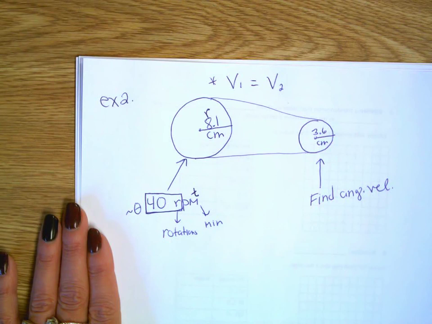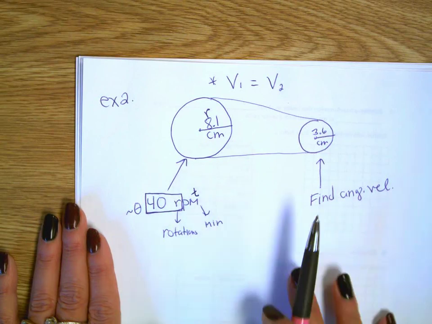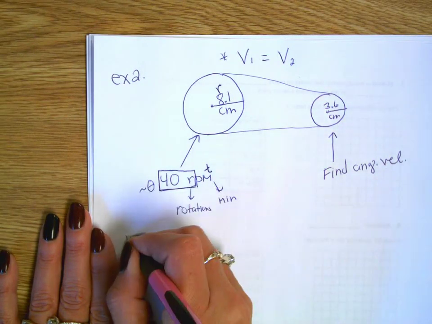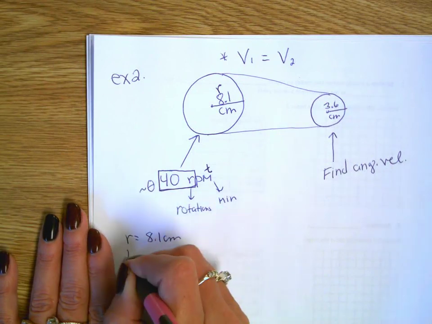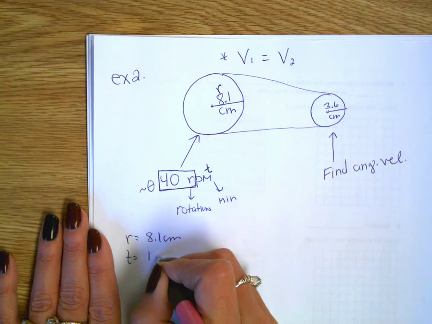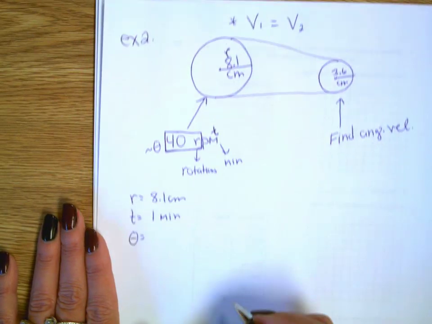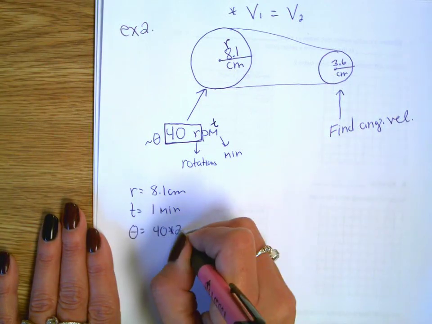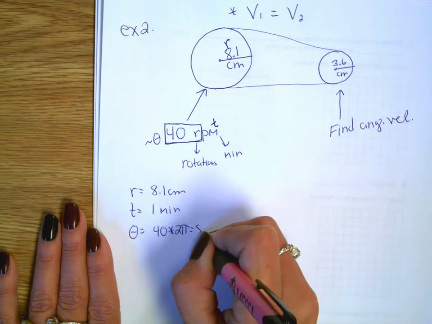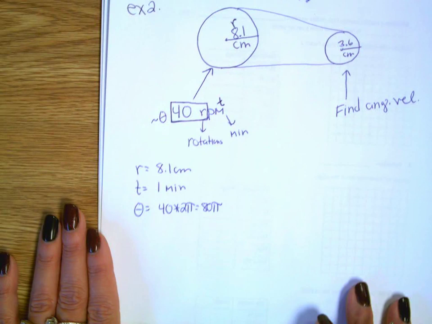So if you've got R, theta, and T, you can find big V. We've got R, we're going to have theta, we have T. So, R is staying 8.1. Time is per minute, so we're going to go with 1 minute. Theta, how do I get theta if I know rotation? Times it by 2 pi. 80 pi.